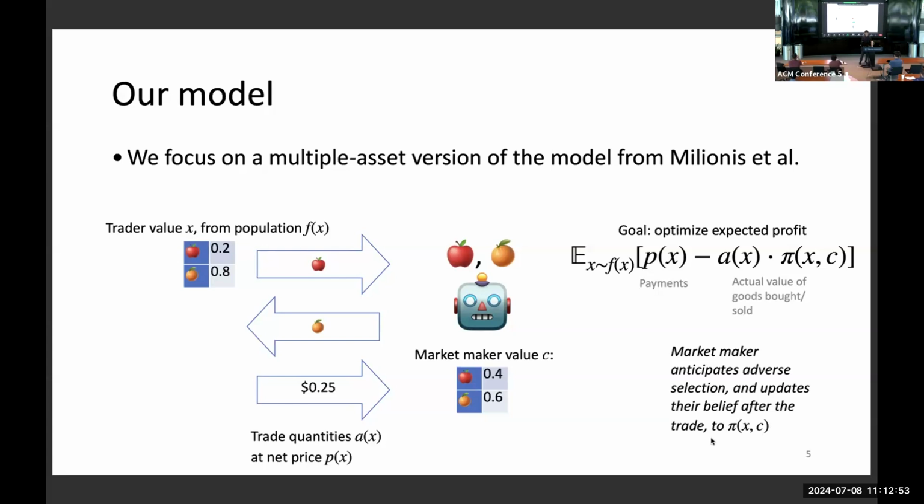If you think, as the market maker, that the trader has some information, you would want to move your estimation C a little bit toward their direction.